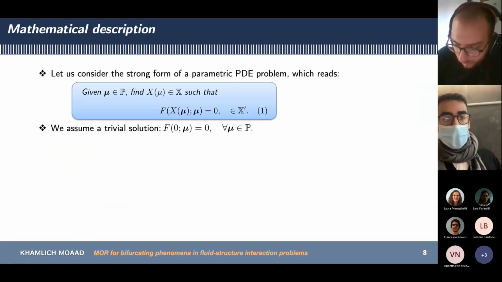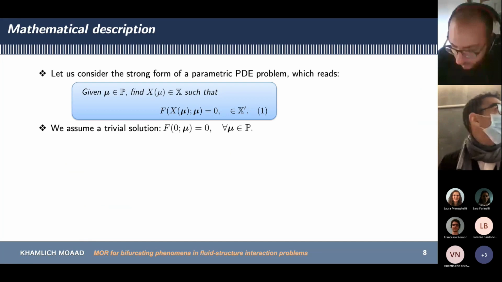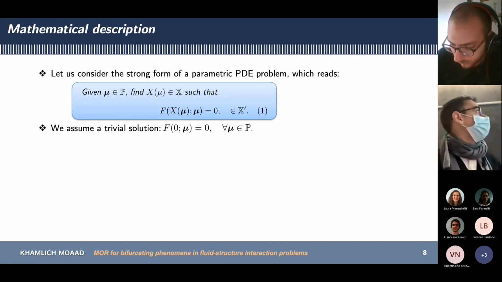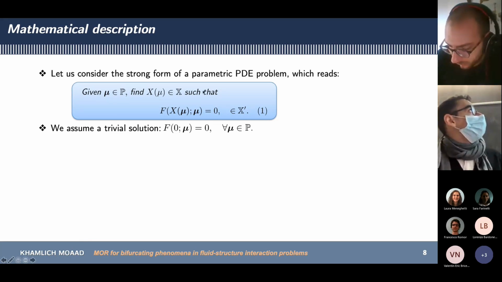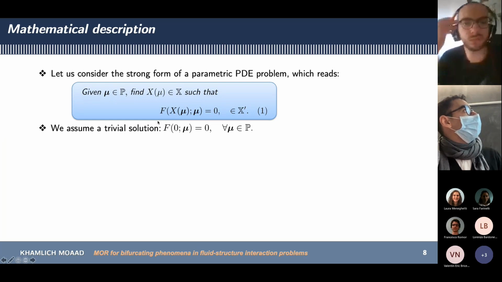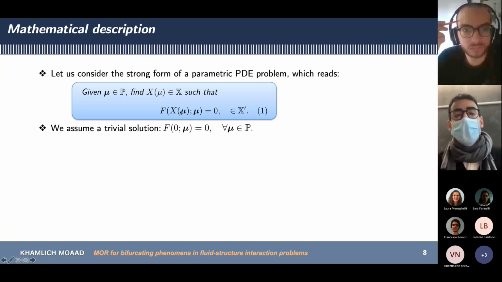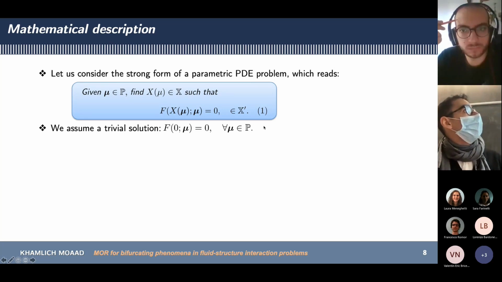So, just a brief mathematical description. Basically, we are dealing with the strong formulation for a partial differential equation. And just for the sake of simplicity, let's say we assume that the trivial null solution solves the problem for all the values of the parameter under consideration.